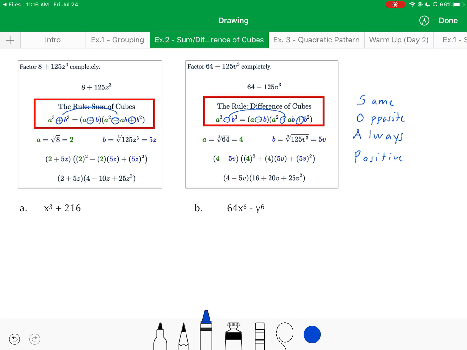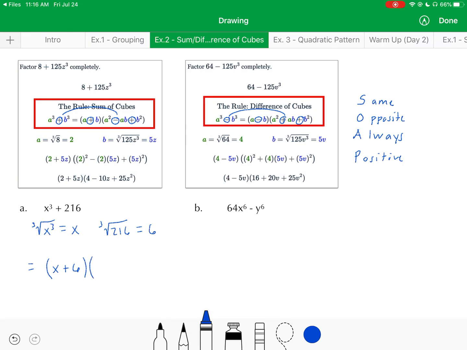All right, so let's apply the formulas to the following examples as well. x cubed plus 216, that's a sum of two perfect cubes. So if I find the cube root of x cubed, that is of course x, then I find the cube root of 216, that is 6. Okay, so the factorization is going to have a binomial factor of just x plus 6.